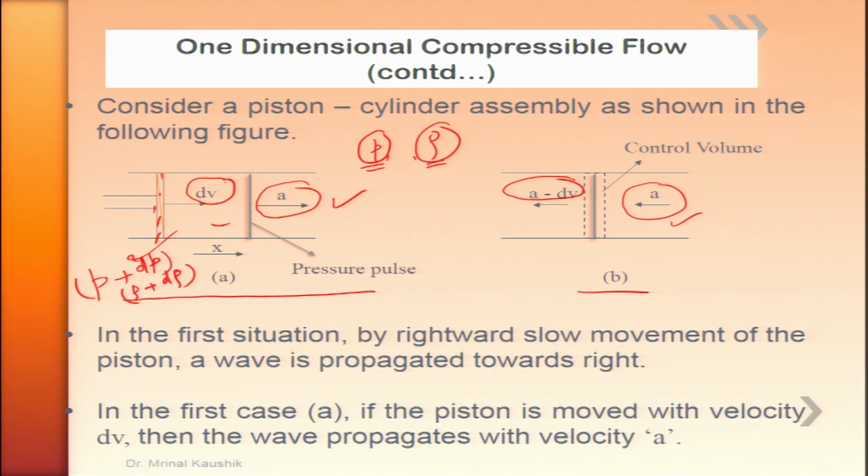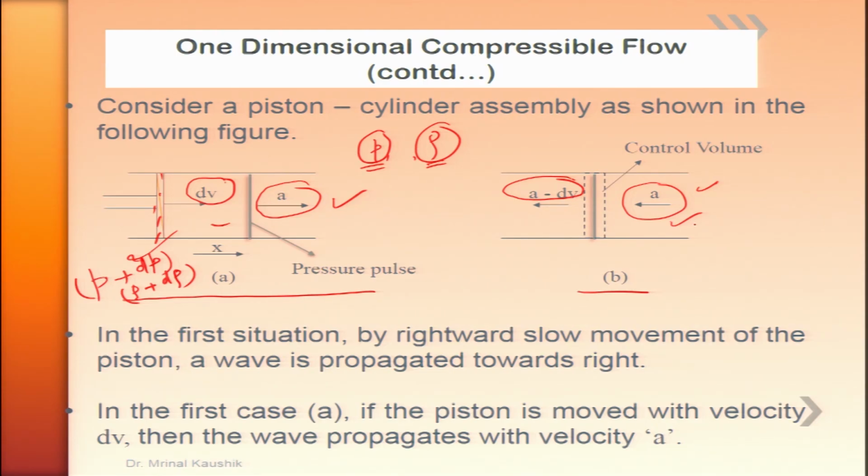Even though I reverse the observation situation, that is, sitting on the wave, the velocity at both sides changes. The incoming flow is now A, approaching a stationary wave, whereas the downstream flow, due to the relative speed of the wave as well as the piston, becomes A minus dV.